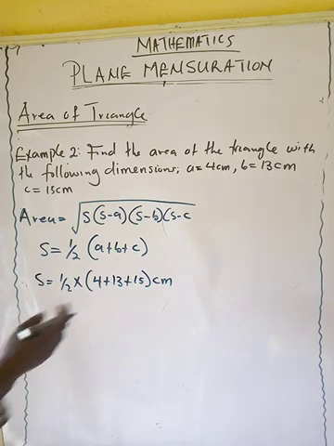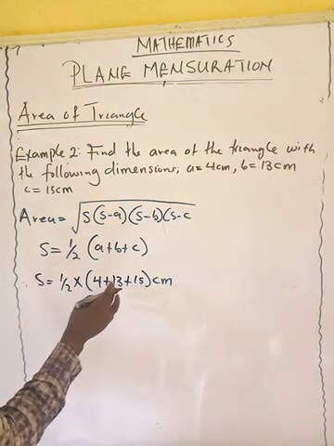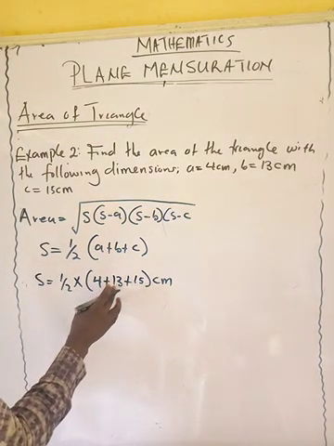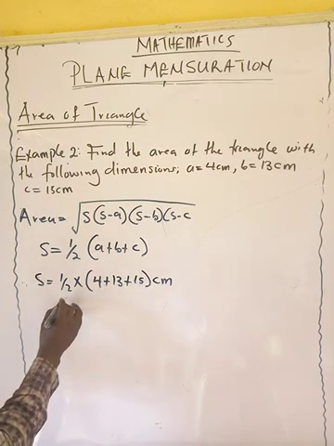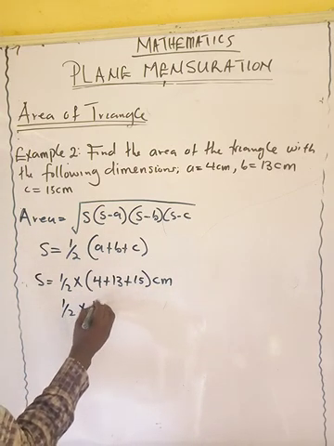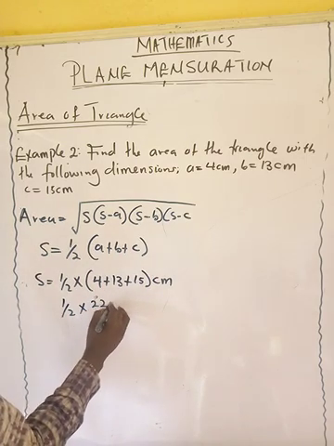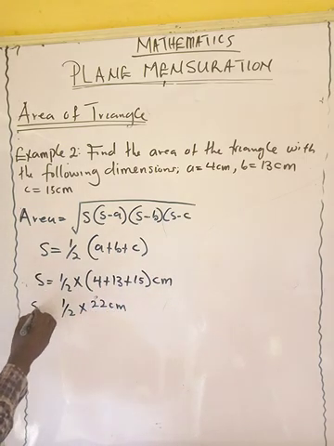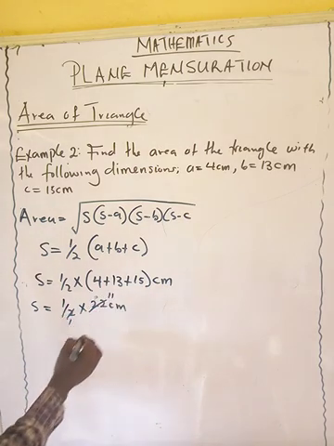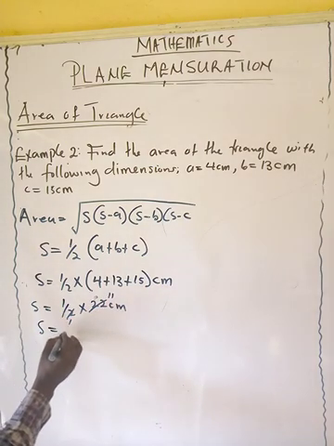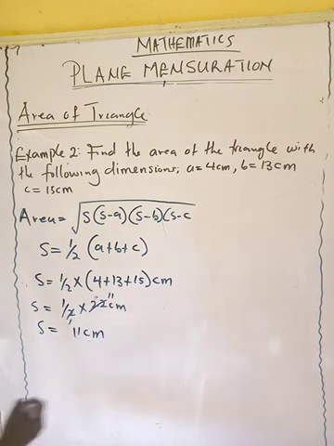So 15 plus 13 will give us 28. 28 plus 4, 22. 1 over 2 times 22 centimeter. Our x, 2 here 1, 2 here 11. So our x equals 11 centimeter.